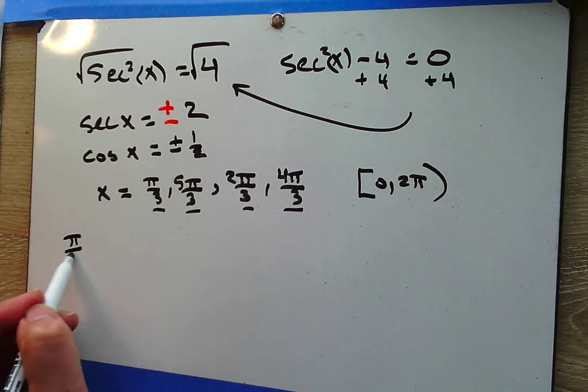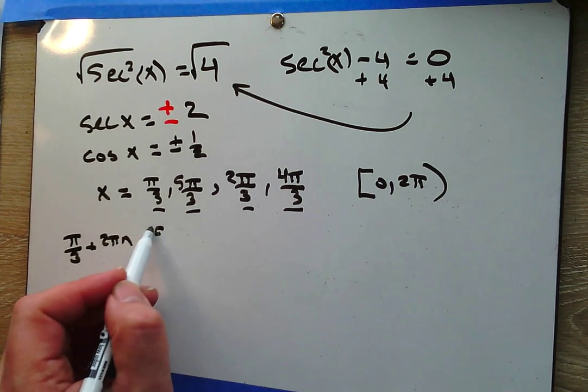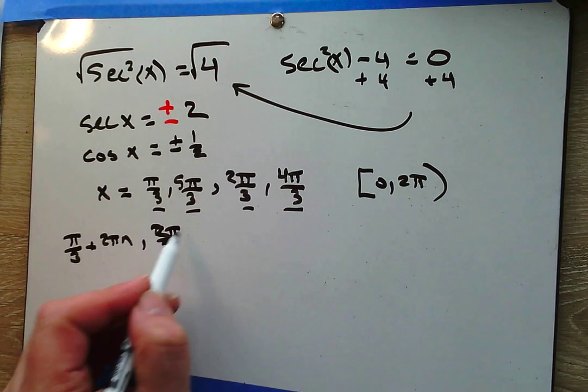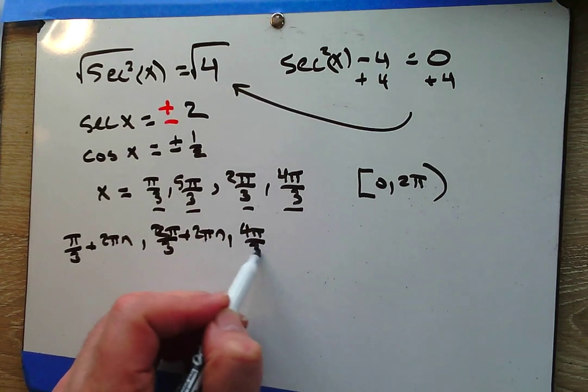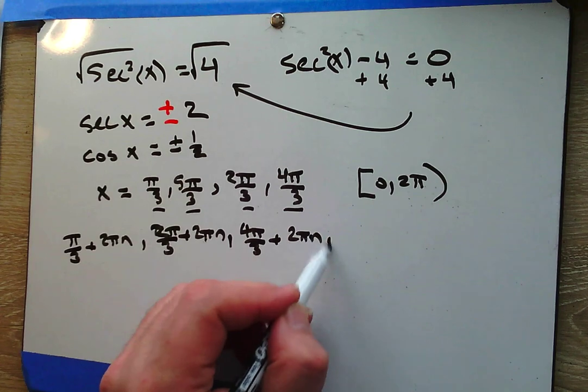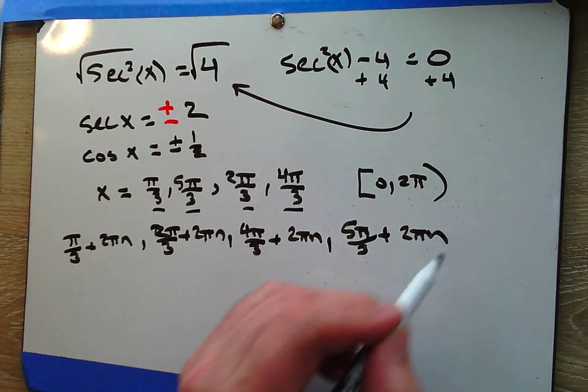Well, you could, as many of you will want, simply write 2 pi over 3 plus 2 pi n, 4 pi over 3 plus 2 pi n, and 5 pi over 3 plus 2 pi n.